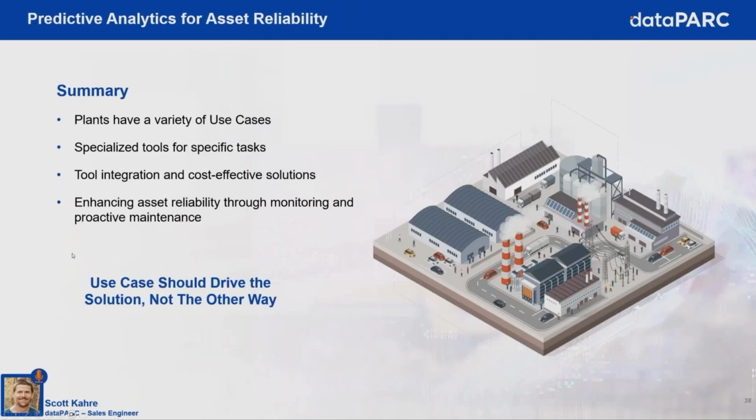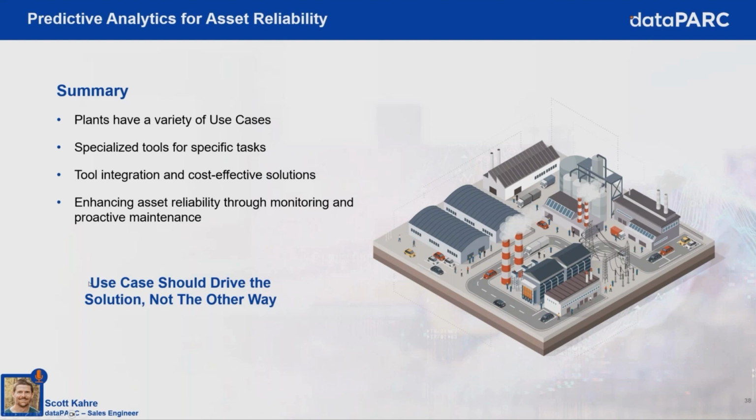So to summarize, there's a lot of different use cases for data and analytics that contribute to asset reliability. And so before you start applying a solution, think about, does the solution fit the use case? Because the use case needs to drive that.